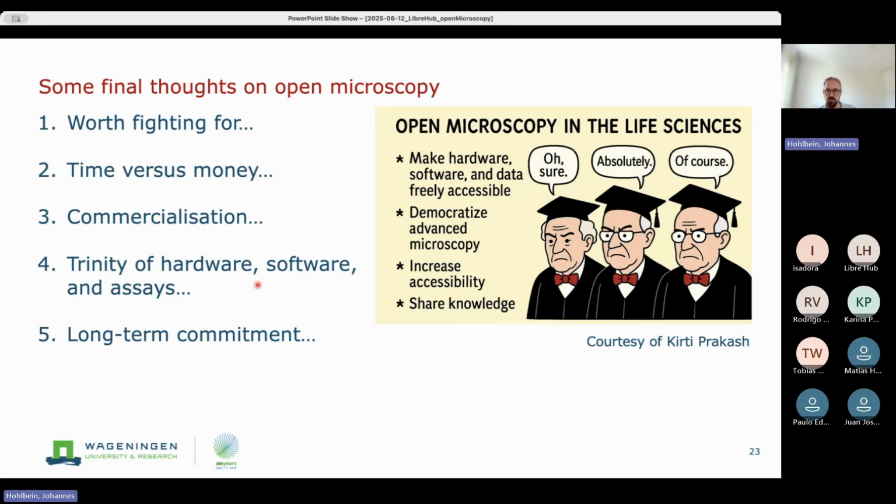With that, already coming to an end, I want to give you some final thoughts on open microscopy. I think personally it is something really worth fighting for. Because in the past, in many labs, it's okay: we make everything available and you use data to publish a paper, but we have no way of checking it. How was it done? What data was recorded?